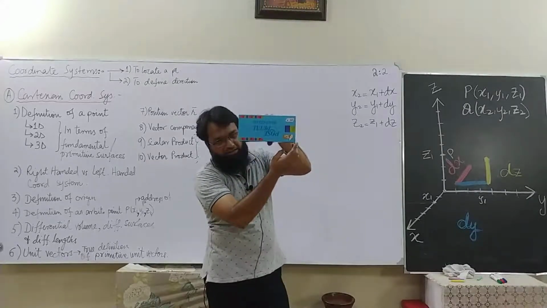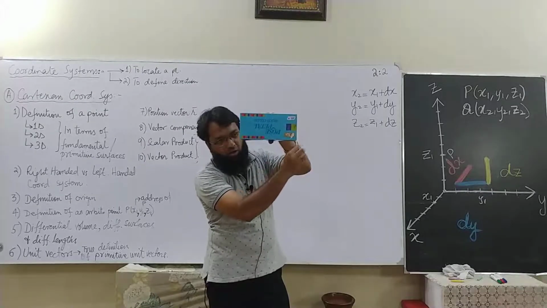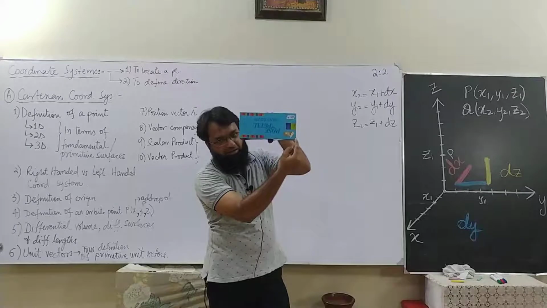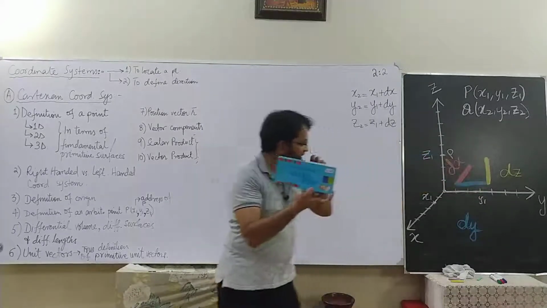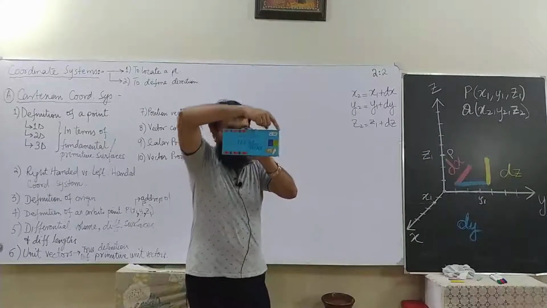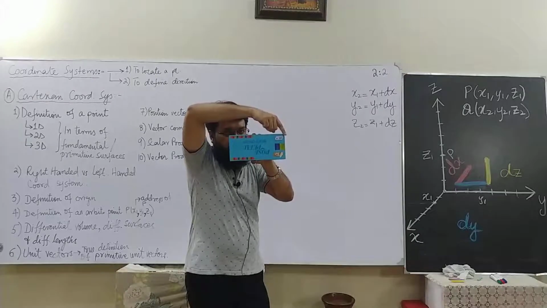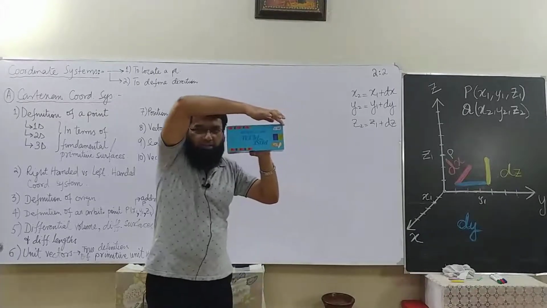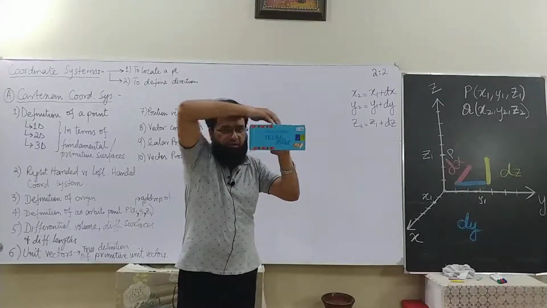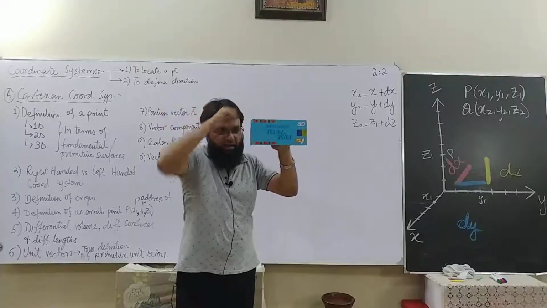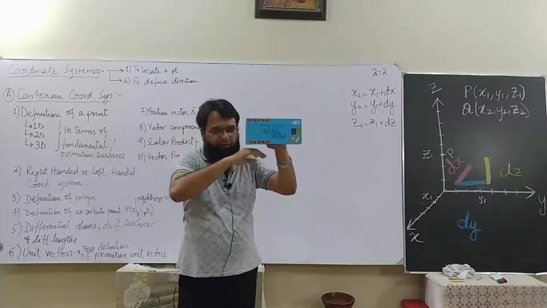This point is formed by the intersection of x equals x2, y equals y2, and z equals z1. Now if we move in the direction of z, along this yellow line, we will reach this point. This point has a new z equals z2 surface, while the previous point was at the z equals z1 level. This is higher than that one.